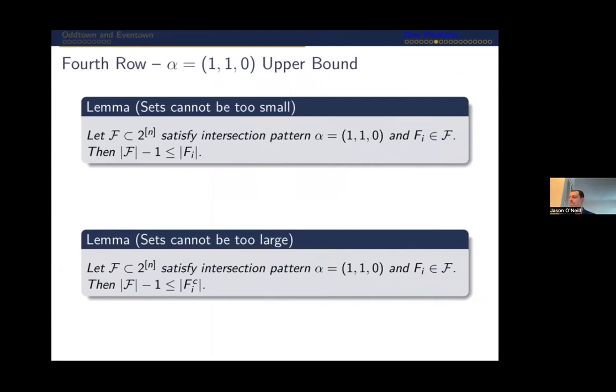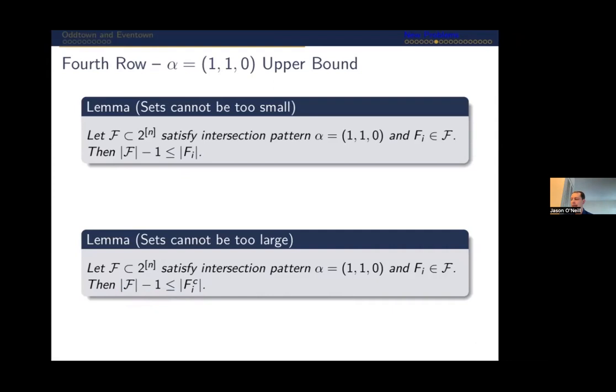And you get some similar bound, which now says the number of elements in the family, minus 1, is at most the size of the complement of a given set. So this says if I have a very, very large set, its complement's small, and therefore the number of elements in the family is small.